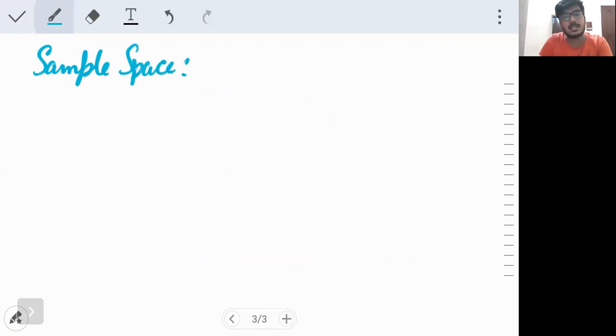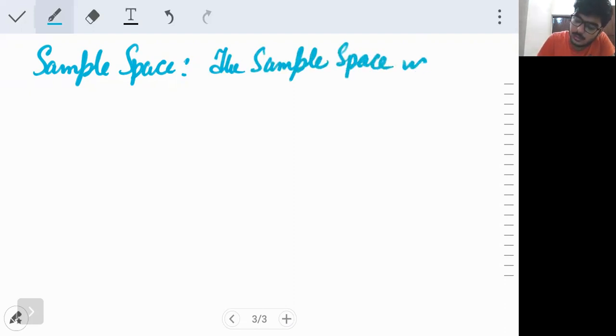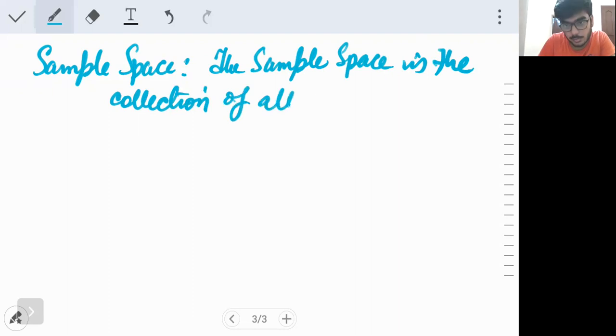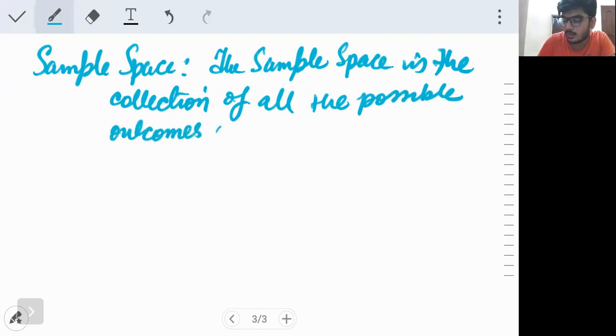Sample space is the collection of all the possible outcomes of a random study, right? So let's write the definition: sample space is the collection of all the possible outcomes of a random study, right?